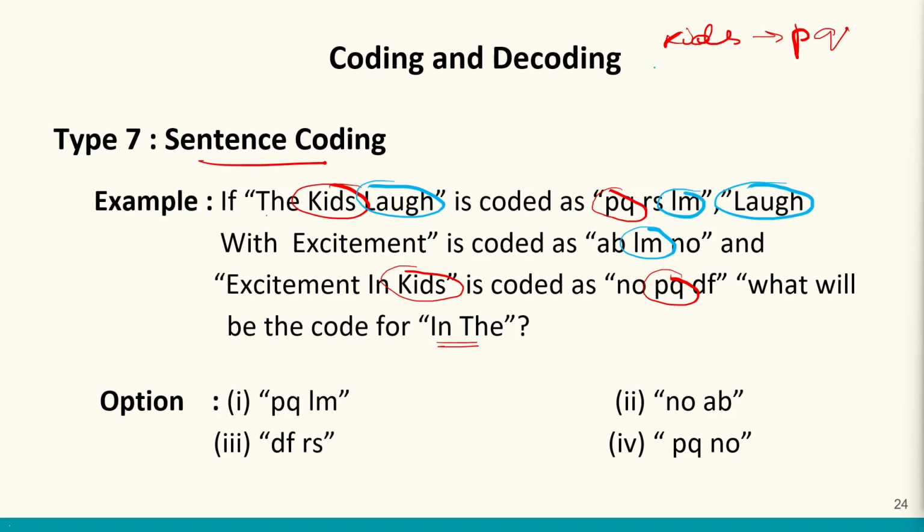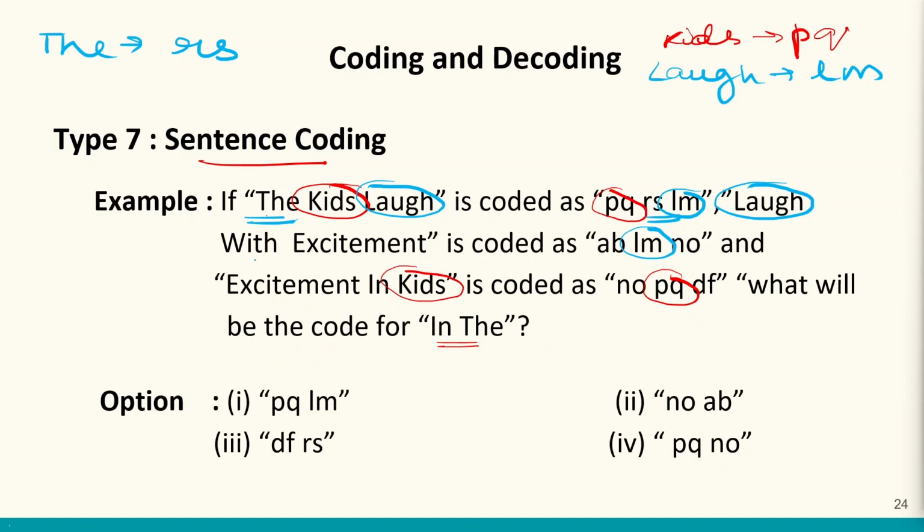So laugh can be coded as LM. Now if PQ is coded as kids, LM is coded as laugh, so simply we can say the will be coded as RS. So we have found the code for the, which is RS.